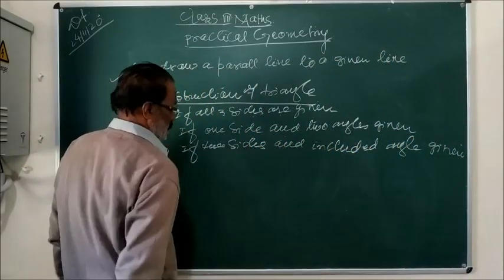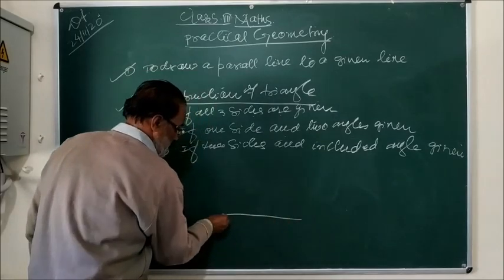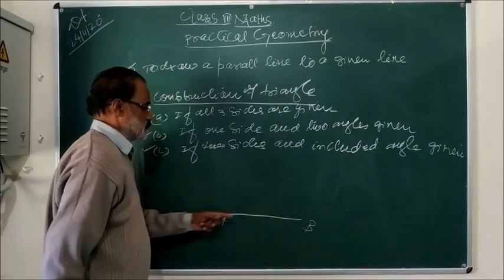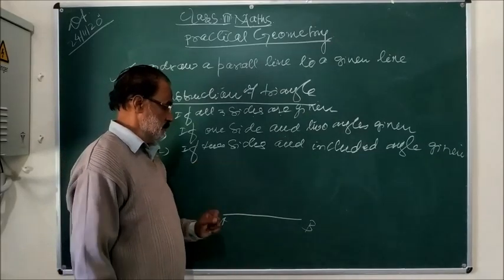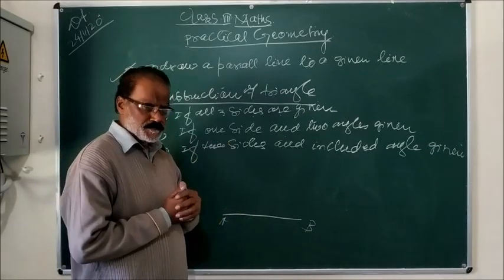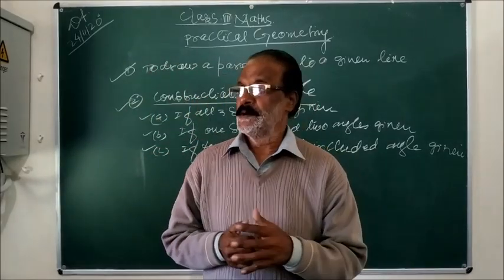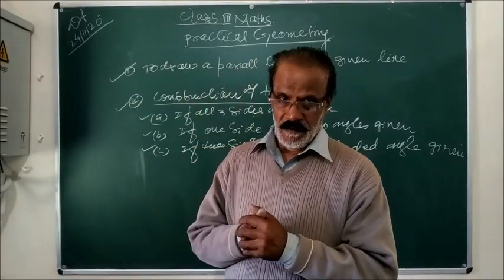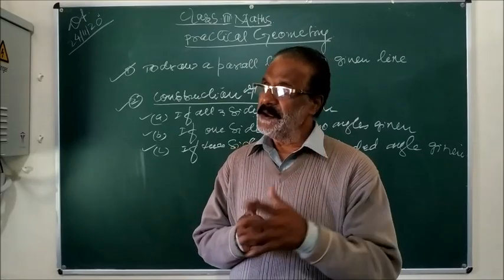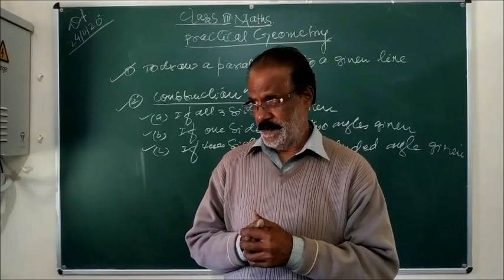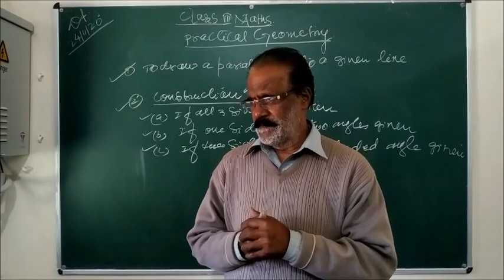Now you see parallel lines. Suppose this is the given line AB, and you have to draw a parallel line to AB on this side. Parallel lines are those lines which never intersect, which never meet, if we extend them to infinity.